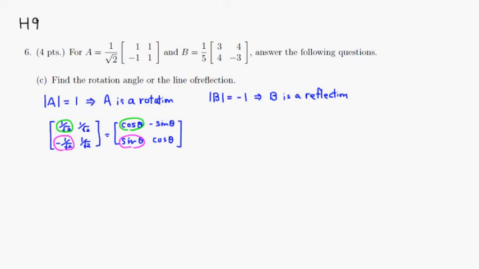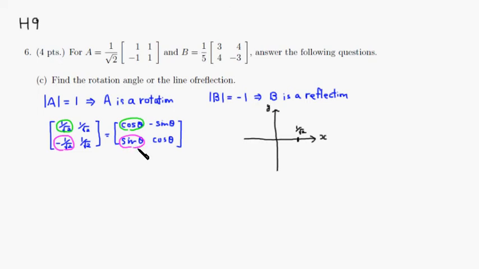So we can just use the unit circle. Draw a unit circle. Here is the x axis, and here is the y axis. Then cosine corresponds to the x coordinate, so let's put 1 over square root of 2 here.